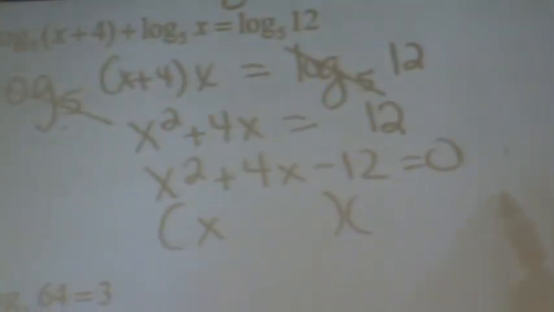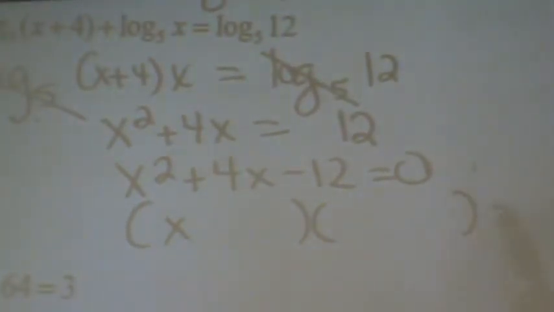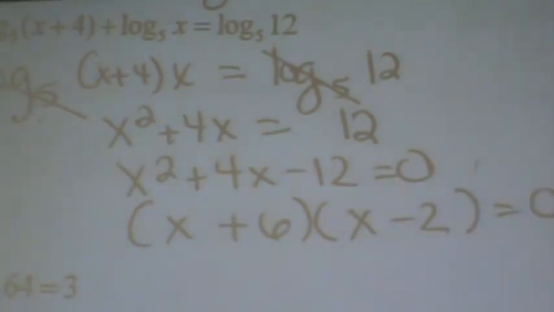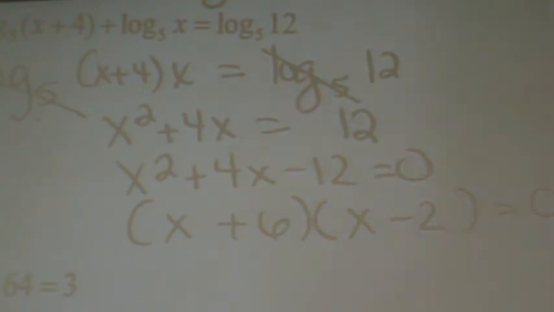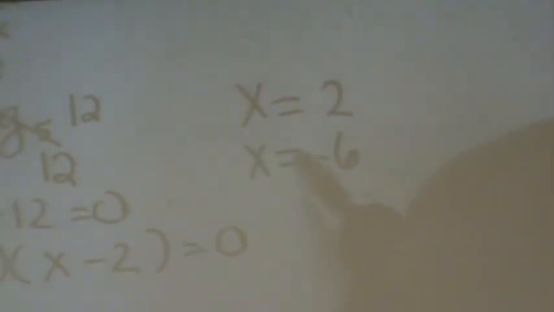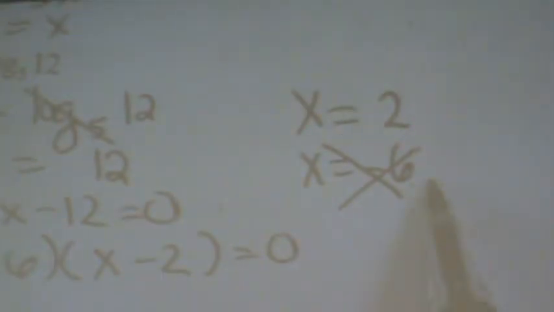How do you factor negative 12 to get 4? X and x. 6 and negative 2. And what's my answer? Why 2? Why not negative 6? This is extraneous. You can't take the log of a negative number. Throw it out. Don't put it on the blank.